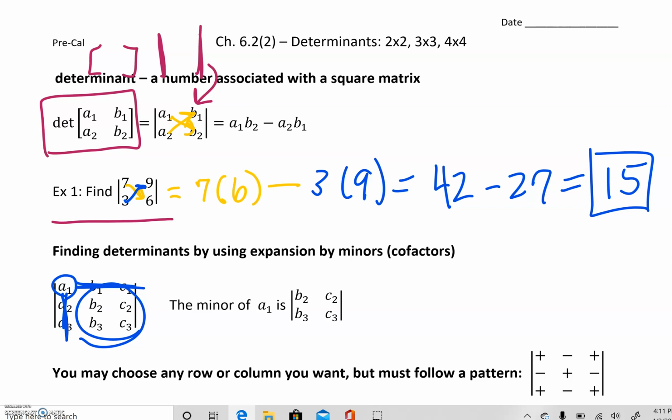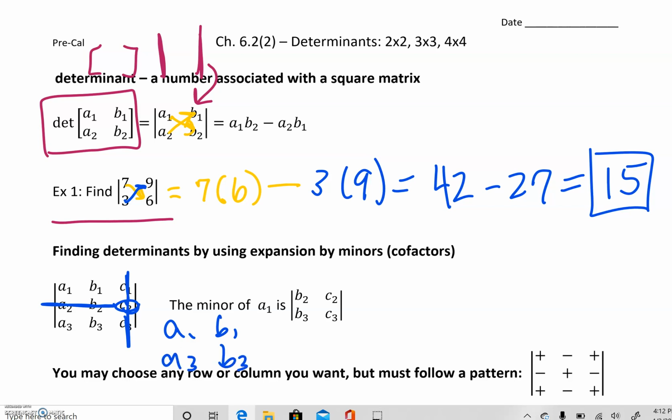If I need to use a different term in the matrix, like let's say I needed to do it for C2. So here's C2. I would mark out everything on that same spot as C2, and so its minor would be A1, B1, A3, B3.